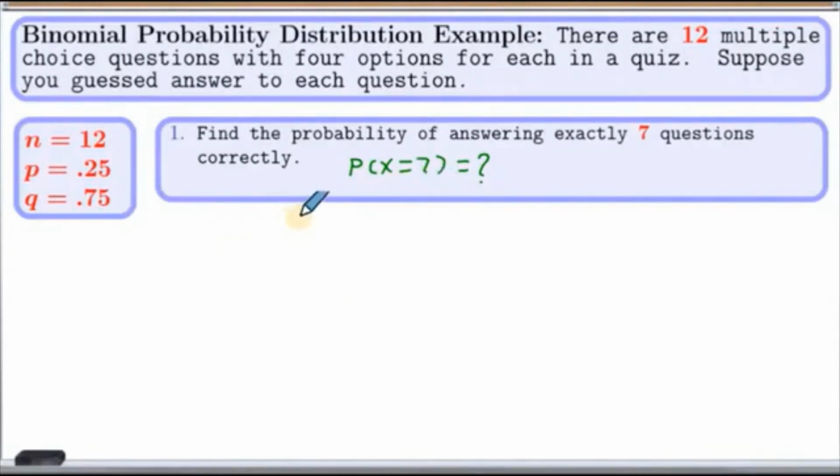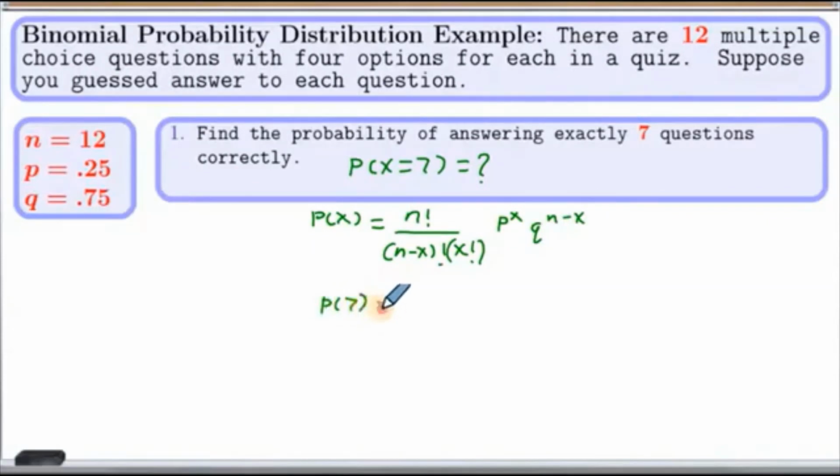So for probability, this is the formula. P of x equals n factorial over (n minus x) factorial times x factorial, times p to the x, q to the n minus x.